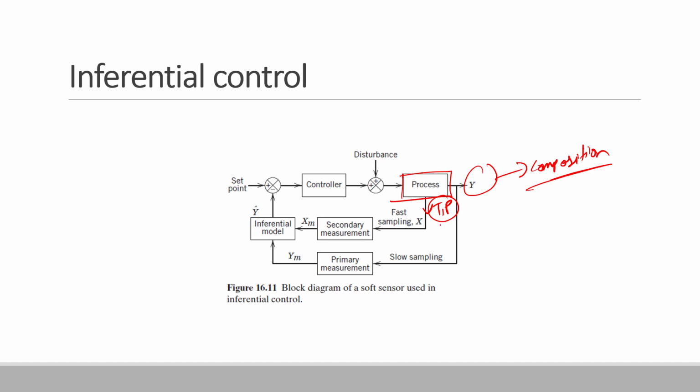It might take hours, whereas this will take just a matter of seconds. So we will have this loop whereby we use fast sampling to measure temperature and pressure, and then on the basis of this input and the mathematical model, that is the inferential model, we will find the composition of the system. That composition will be compared with the set point, and then the control action will be taken using this secondary measurement.